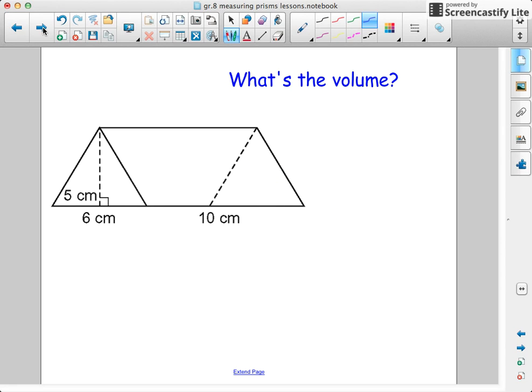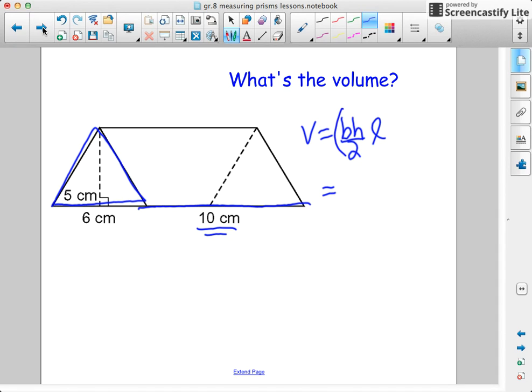So let's look at the next one. Okay, this one, now the base is a triangle because it's a triangular prism. So the area of a triangle is base times height divided by 2. That's of the triangular base here. Okay, my length is going to be 10 centimeters. So instead of height now, I'm going to actually say length.